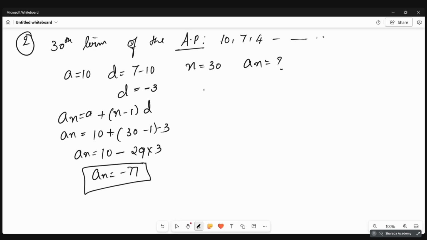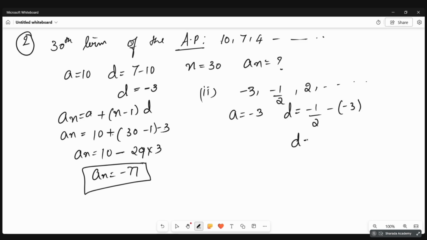Second one I will do once. Listen. 11th term of an AP. The AP is minus 3, minus 1 by 2, 2 and it goes on. So A is equal to minus 3 here. D is equal to minus 1 by 2 minus of minus 3, so D is equal to minus 1 by 2 plus 3, so this will be 5 by 2.